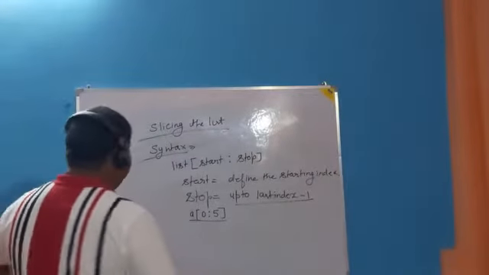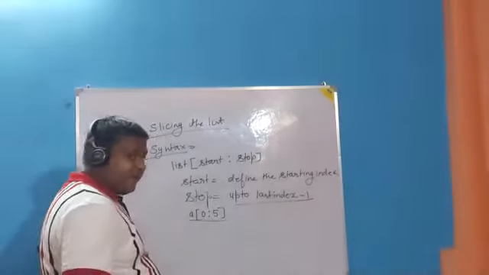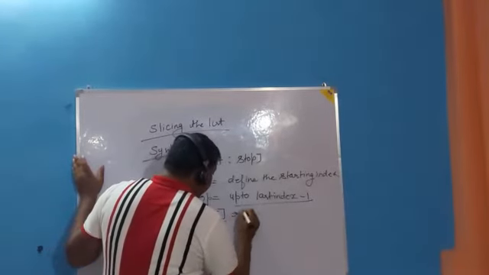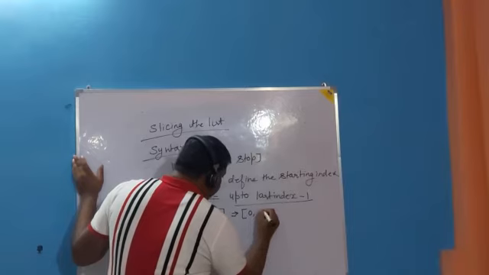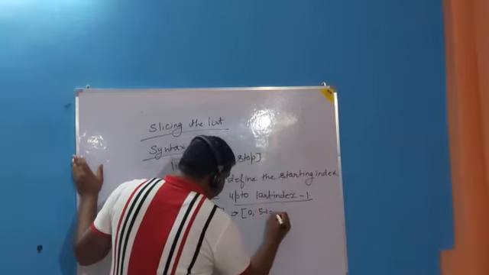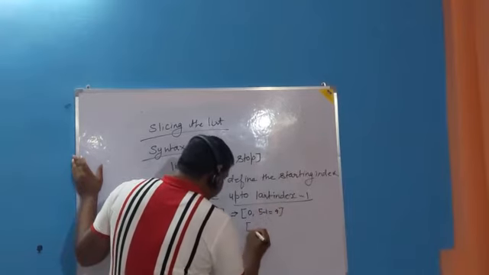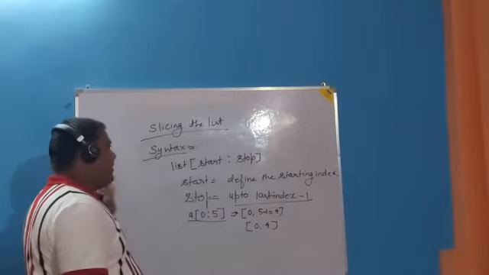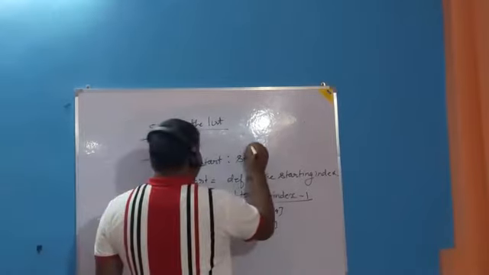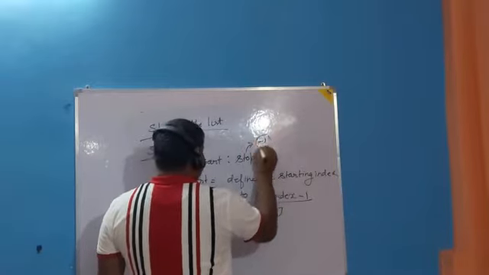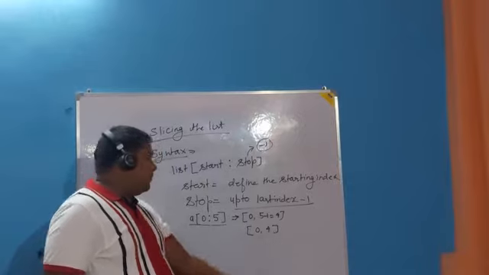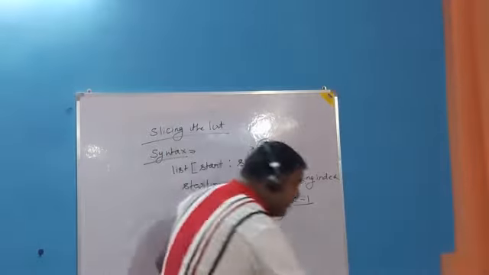If we have written a 0 to 5, the compiler will give the elements from index 0 to 5 minus 1, that is 4. That means it returns the indexes from 0 to 4. Always remember, if we write the last element, the compiler will do minus 1. If you have given 4, it will give the elements from 0 to 3. I will show you the example.